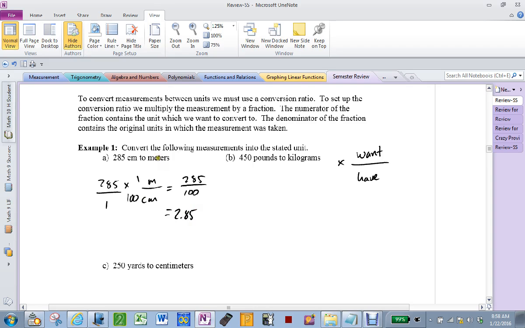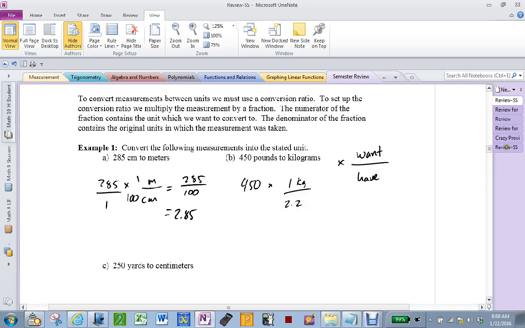Now, some of you are able to do some of those in your head. That's fine, but you should still know the method, because when you're going from standard to metric, you can't do it in your head, which is what we're about to do. 450 pounds, that's what I have. 450 times, what do I want? Kilos. So I go to my chart and I see 1 kg is how many pounds? 2.2.